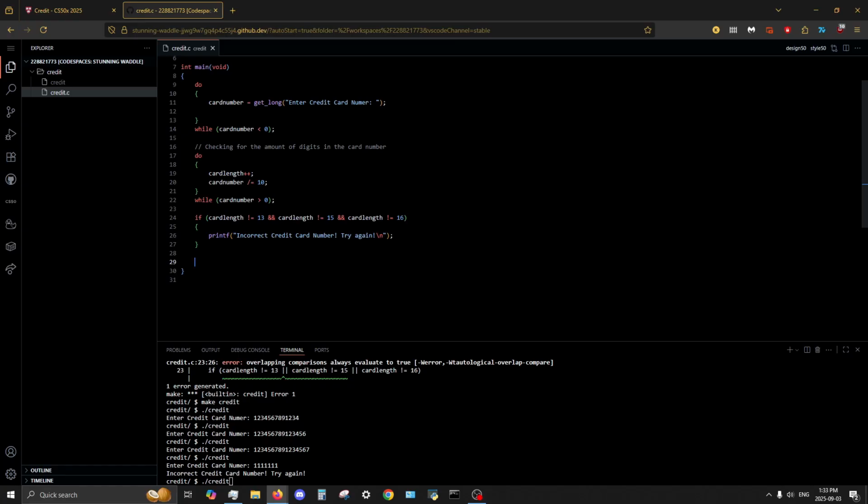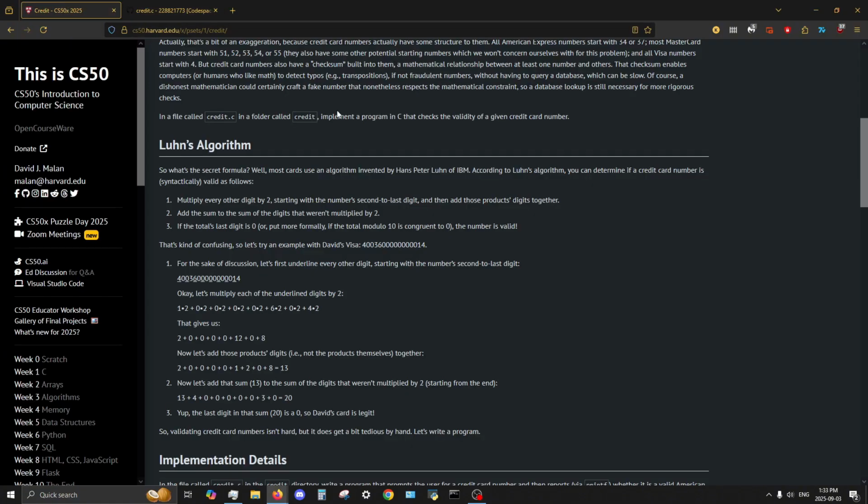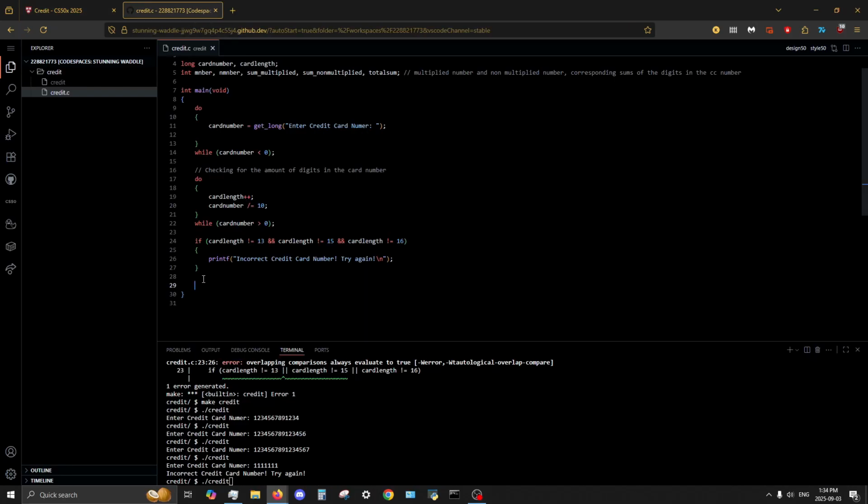So what we need is, the last one is non-multiplied, so we need to start with non-multiplied. Non-multiplied number, so we need to get the last digits.